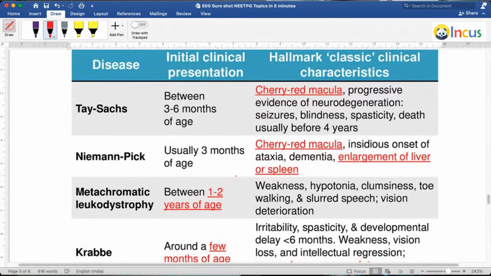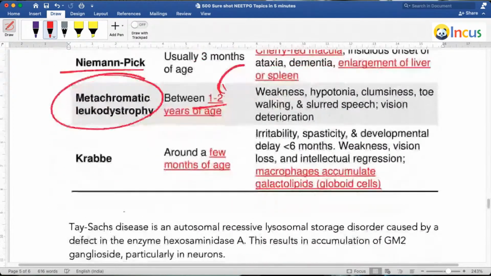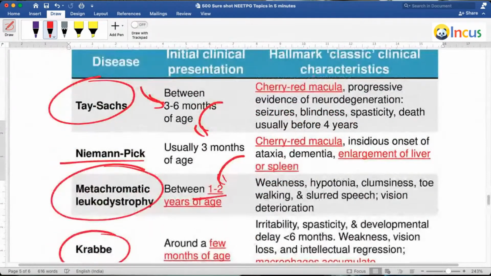Now let us quickly take Tay-Sachs, between 3 to 6 months of age. Niemann-Pick usually 3 months of age. Metachromatic leukodystrophy 1 to 2 years of age. Krabbe few months of age. Then cherry red spot, Tay-Sachs. Neurodegeneration, seizures, blindness, spasticity, death usually before 4. That is Tay-Sachs.